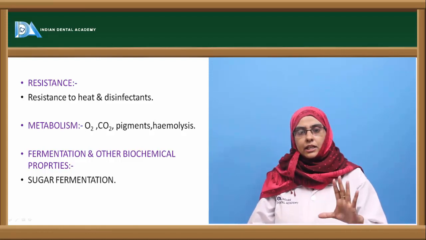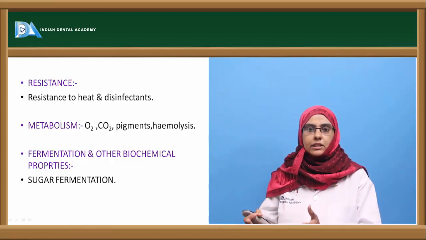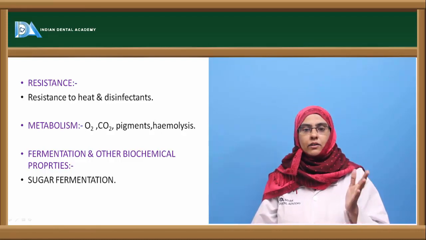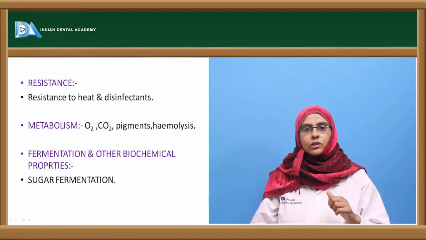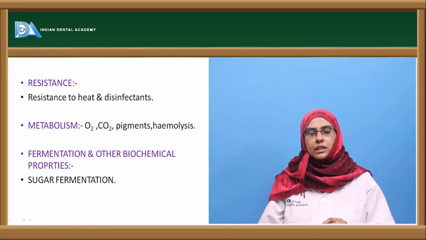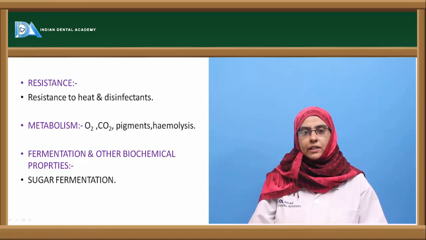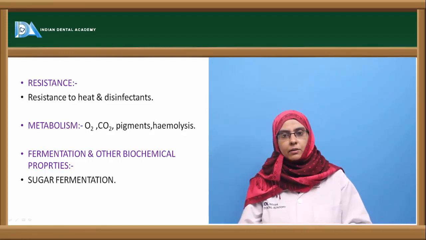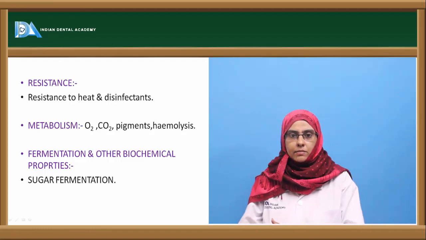This test is carried out in test tubes where the carbohydrate is added along with an indicator. And in order to identify whether the organism is gas producing or not, you insert a Durham's tube in the inverted position. Depending upon the fermentation and utilization of carbohydrate, there is a change in the media.